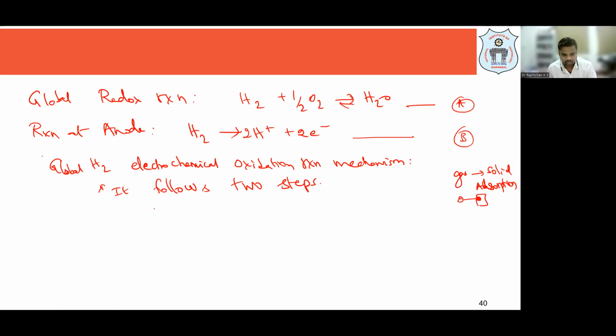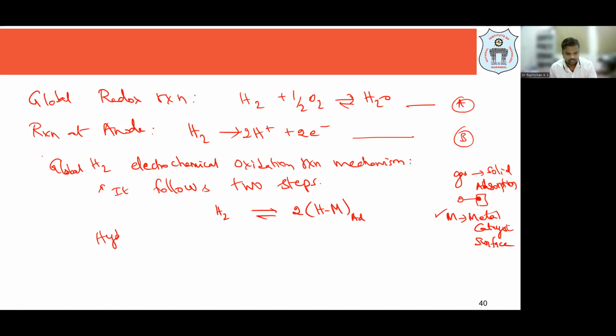So we have two steps here where these H2 molecules will go and form HM. M refers to any metal catalyst, catalyst layer or catalyst surface. Okay, and this is adsorption. It gets adsorbed, where M is the metal catalyst surface. Okay, and hydrogen dissociation or chemisorption step.